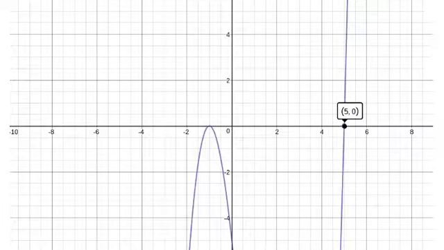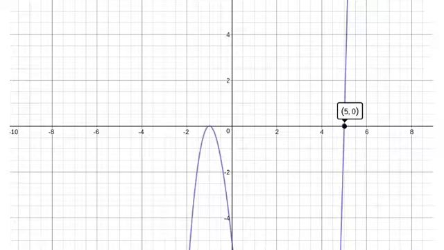Here we have a point marked on here, and that is 5, 0. Now, why is this important? It's not really. It's just important for this purpose. We're going to find the gradient of the tangent at this point, and to do that, we use the derivative.